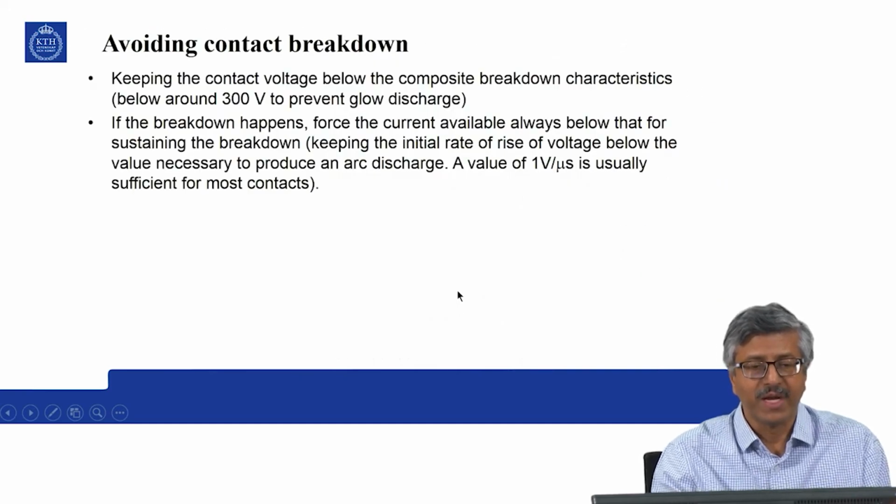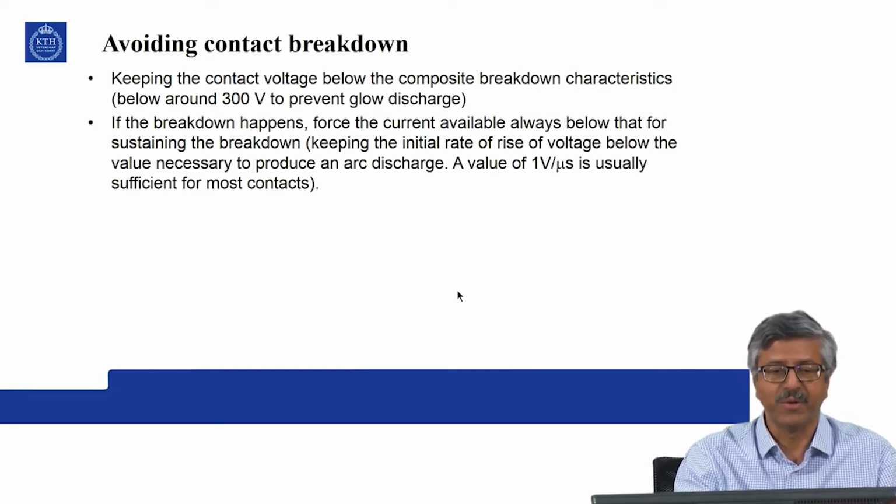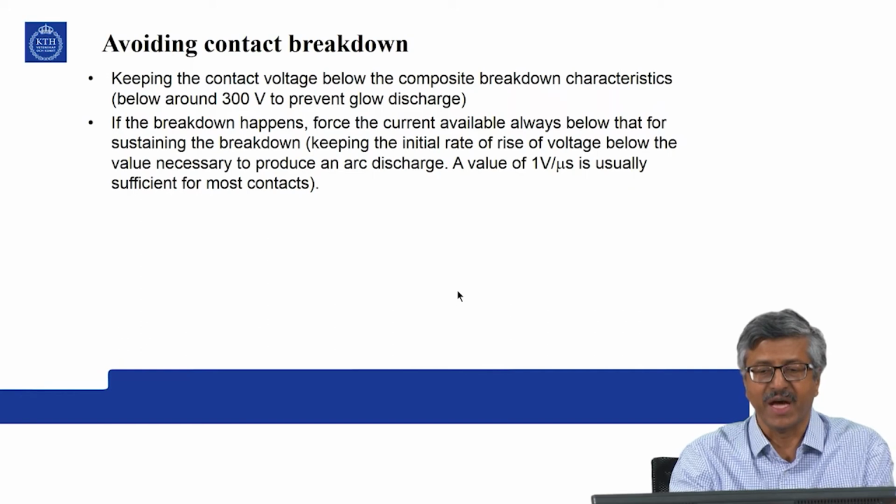Now, avoiding contact breakdown: keep the contact voltage below the composite breakdown characteristic, below around 300 volt, to prevent the glow discharge. If the breakdown happens, force the current available always below that needed for sustaining the breakdown, that is, keep the initial rate of rise of voltage below the value necessary to produce an arc voltage.